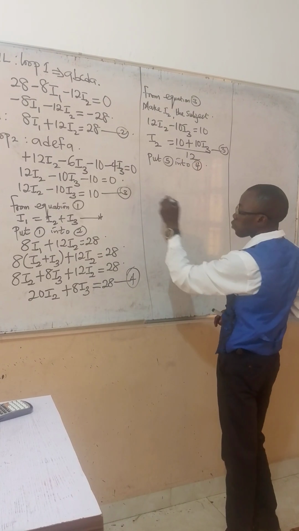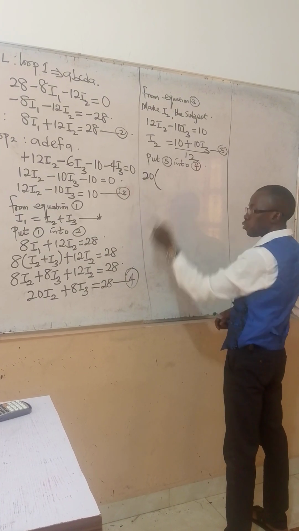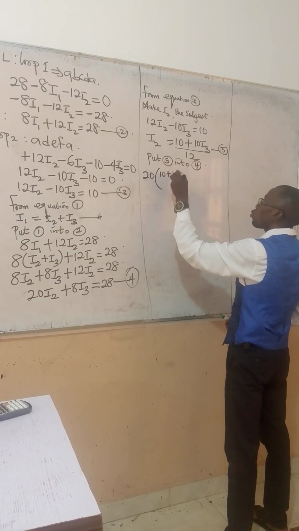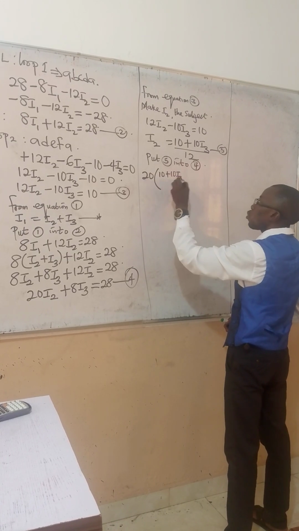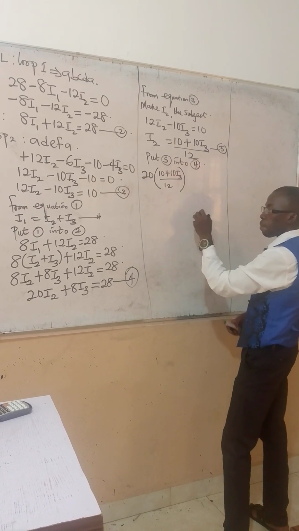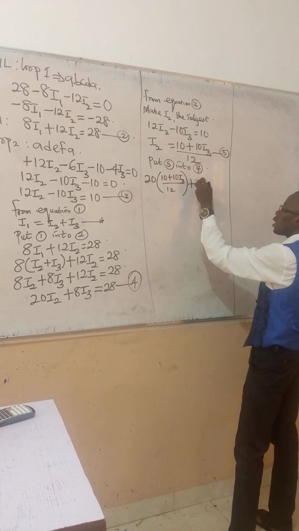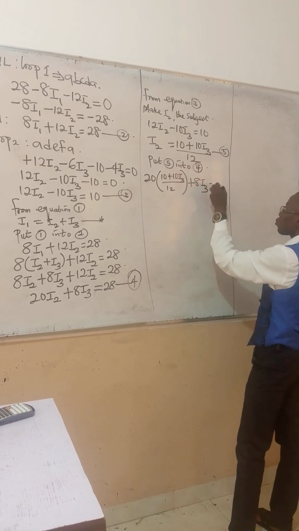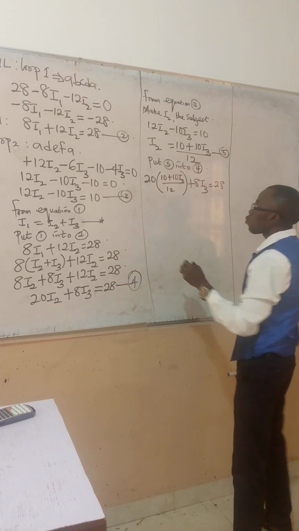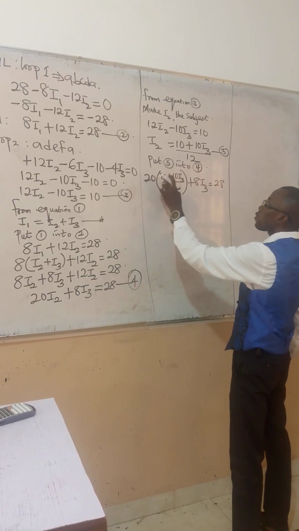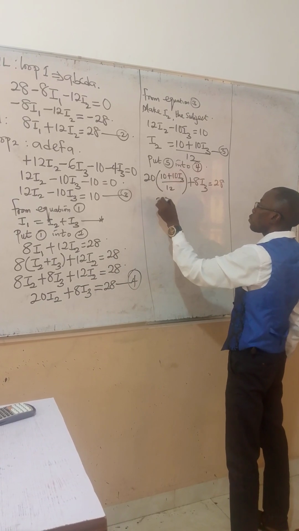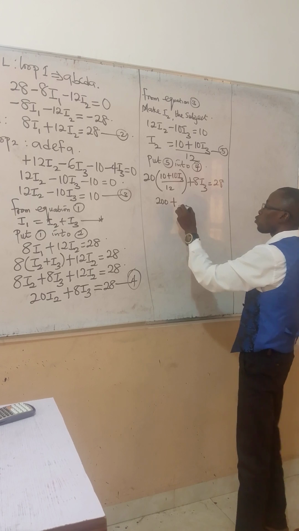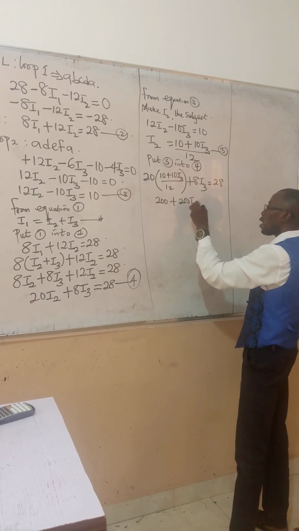So let's substitute: 20 times the bracket of 10 plus 10I3 over 12, plus 8I3 equals 28. So we open this bracket, 20 times 10 will give 200 plus 200I3.